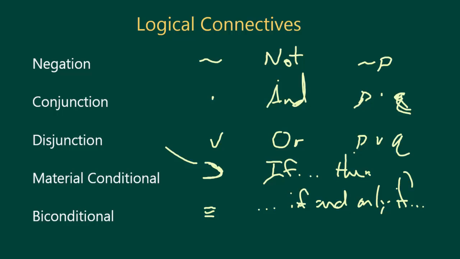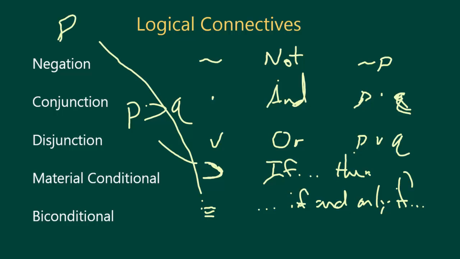So for our if-then, we put the horseshoe in between the p and q, and same for the biconditional, it goes in between them.